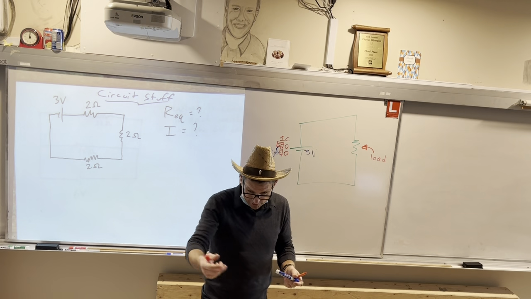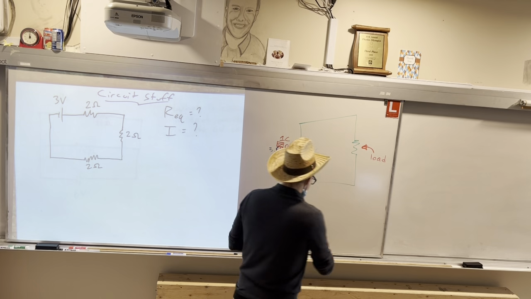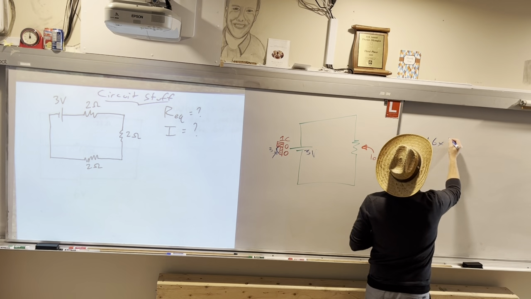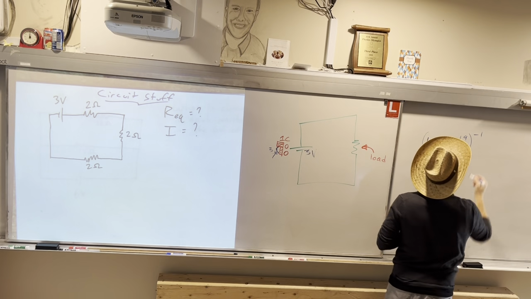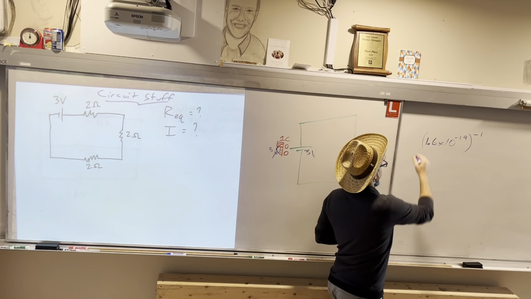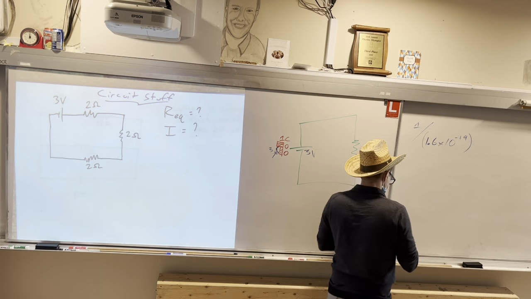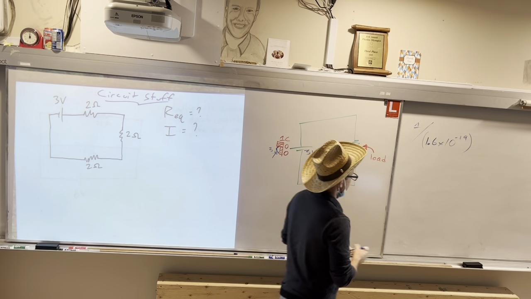So grab your calculator, 1 divided by the charge of the electron. Do 1.6 times 10 to the negative 19, and then hit your x to the negative 1 button. So we're going to do 1 divided by all of that. And what do you get? 1.6 times 10 to 19?